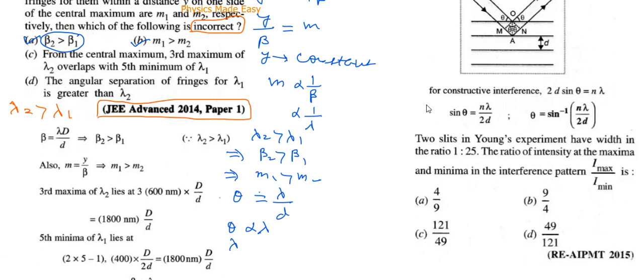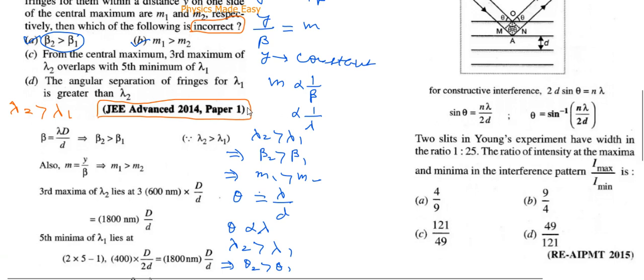And lambda 2 is greater than lambda 1. This implies theta 2 is greater than theta 1. But what he has written is that the angular separation of fringes for lambda 1 is greater than for lambda 2. It means this answer is incorrect. And this is what he is looking for, the incorrect answer. So D is the right choice.